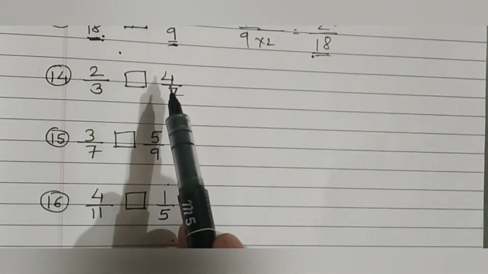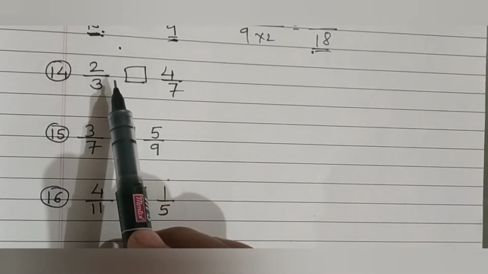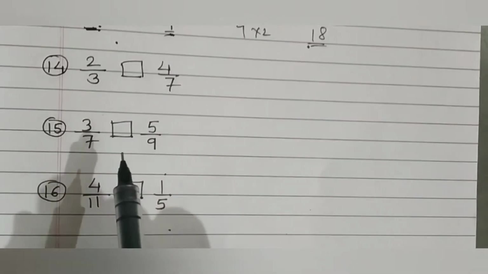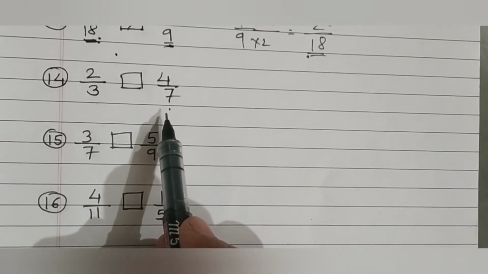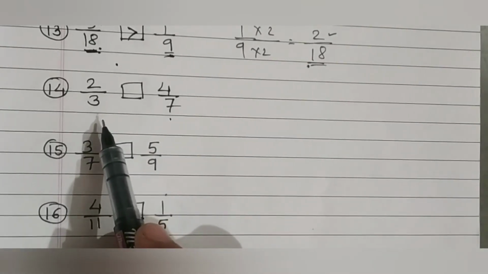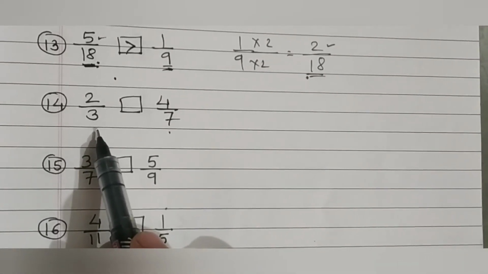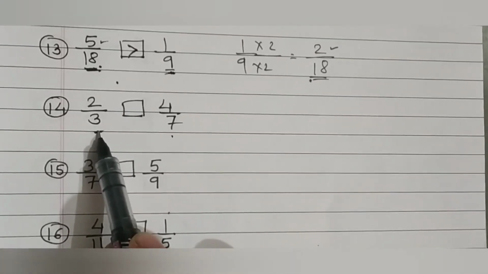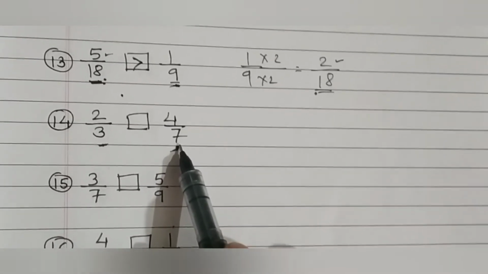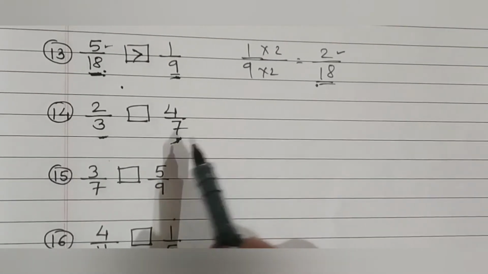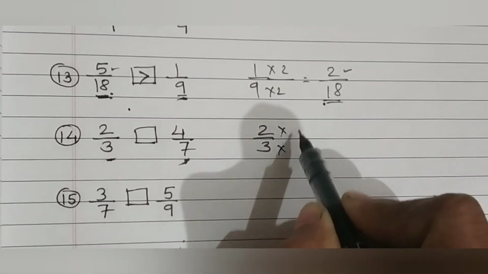Next 2 by 3 and 4 by 7. Okay. So if you will observe here, you cannot see the same numerators and same denominators. So we need to make the same denominators here. If you multiply 2 upon 3 by 7, you will get 21 as denominator, right? And if you multiply this number with 3, we'll get 21 as denominator. So let's multiply 2 by 3 by 7.